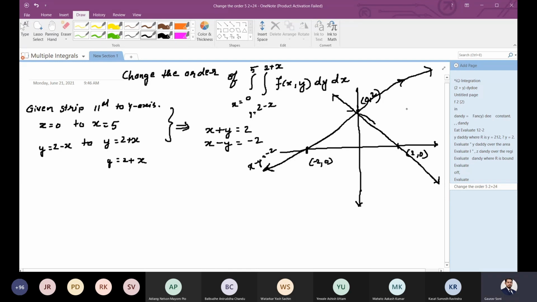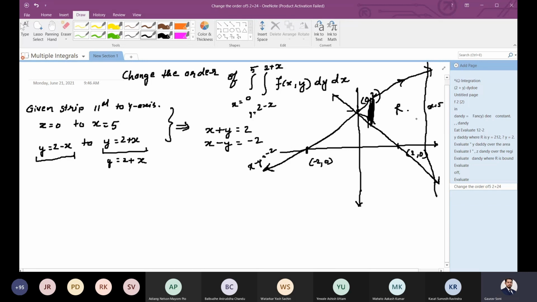So the strip has to be here. That is what we conclude from the given information, as the lower limit is this line x plus y equal to 2, and the upper limit is y is equal to 2 plus x. Now our x is running from 0 to x equal to 5. So x equal to 5 may be lying somewhere here beyond that. This is the line x equal to 5. So this is my region R.